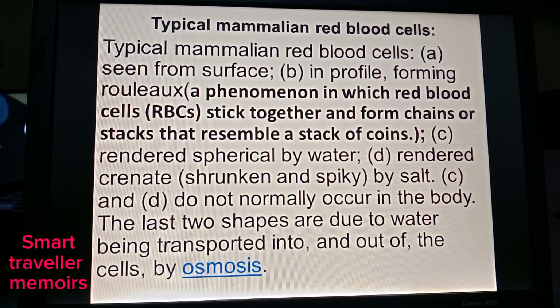B, they are in profile, forming rouleaux, which is a phenomenon in which red blood cells stick together and form chains or stacks that resemble a stack of coins. That is what we mean by rouleaux.